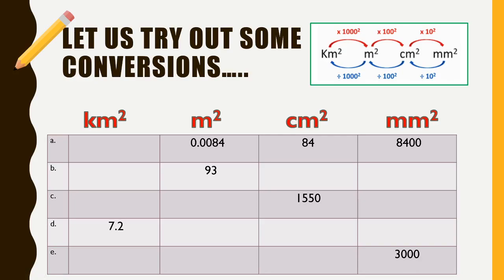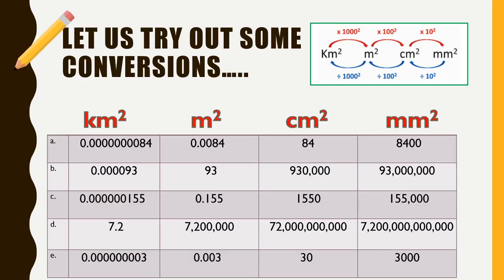So the answers for these are like this. As you notice, when we convert, even from these numbers here, we get very, very small numbers in the kilometers. We're talking from millions of meters squared becomes just kilometers squared, nothing too big.